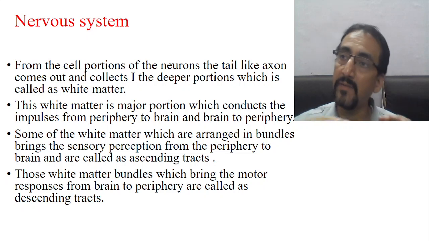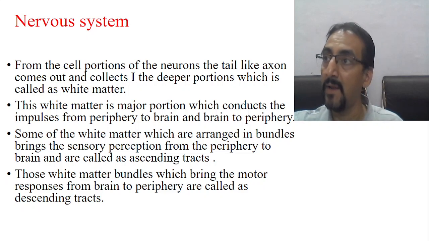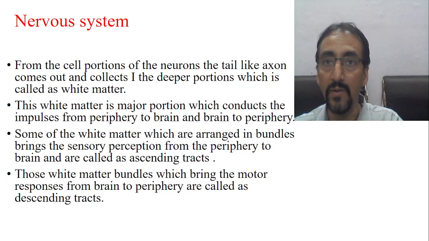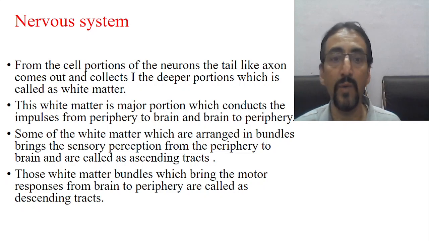Outside, all the cells are sitting like mice, and the tails of the mice are all inside, going deep. So that is present in the deeper portions of the brain. They are called white matter because axons always look white.